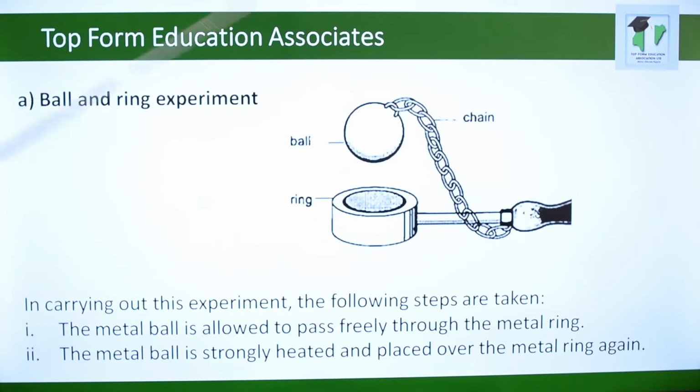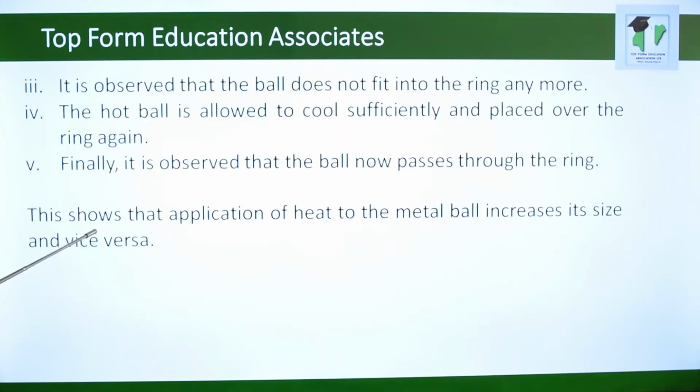Then allow it to cool again. It has now cooled sufficiently. Try it again, and we observe that the ball passes through the ring. This shows that application of heat to the metal ball increases its size, and vice versa.